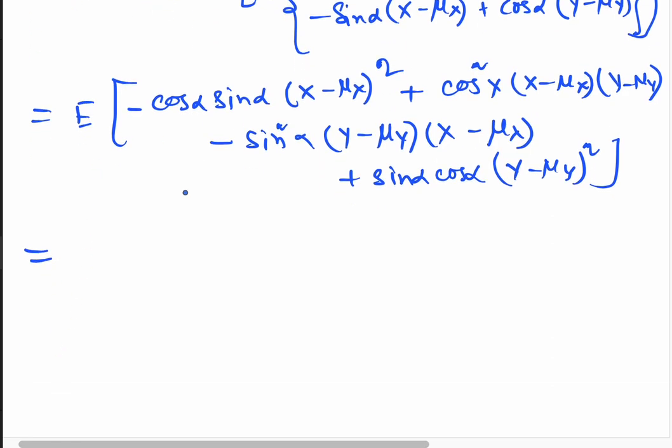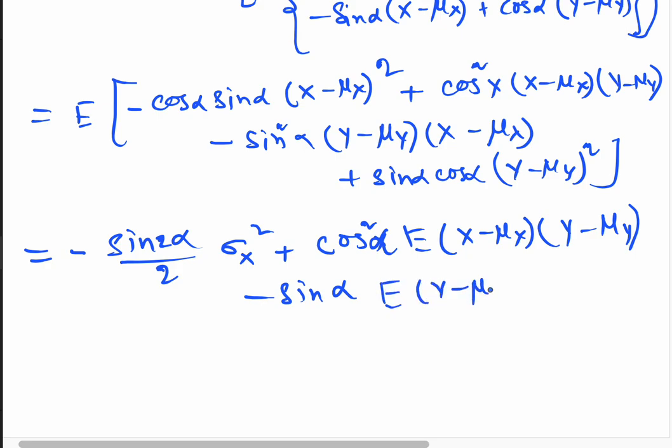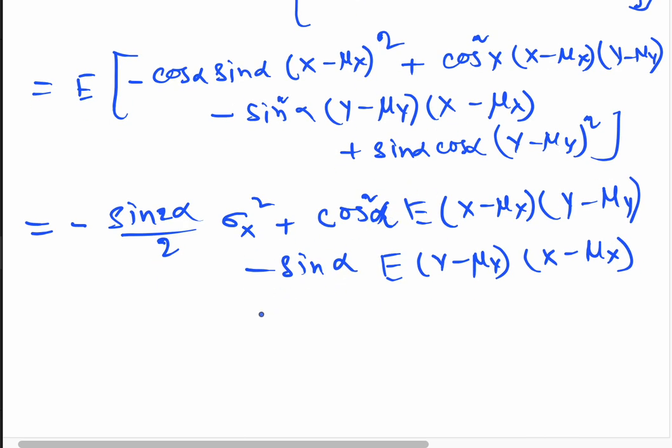Now from the additive property of the expectation, this is nothing but sine 2 alpha by 2, and the expectation of this term is sigma x square, plus cos square alpha times the expectation of (x minus mu x)(y minus mu y), minus sine square alpha times the expectation of (y minus mu y)(x minus mu x), and then this term is again sine 2 alpha by 2 and this is sigma y square.